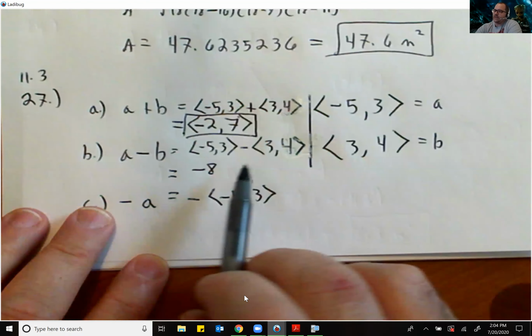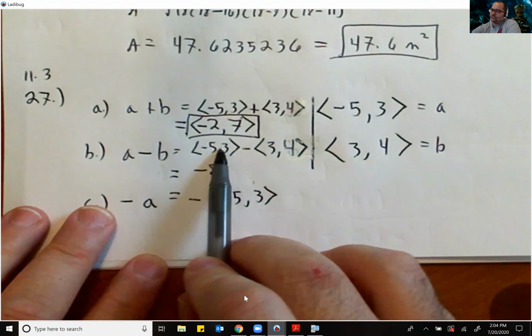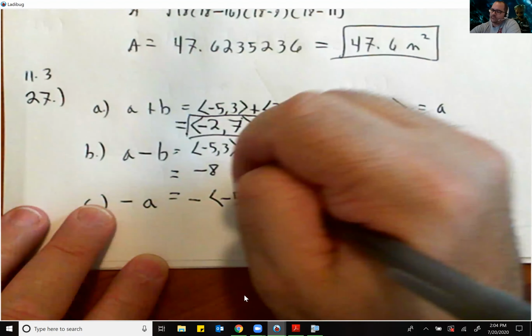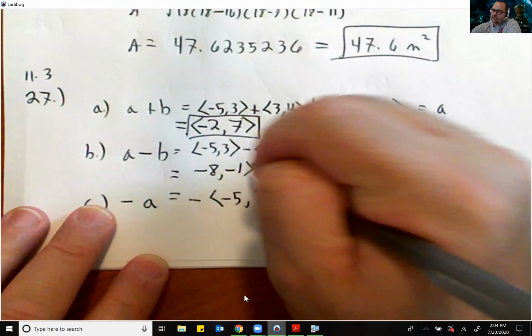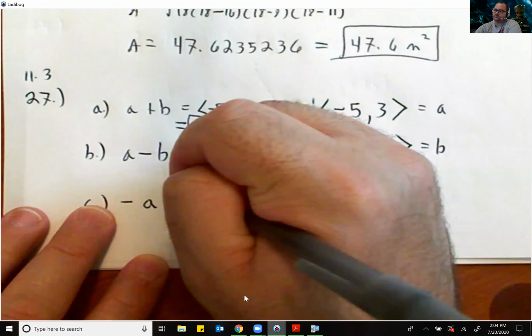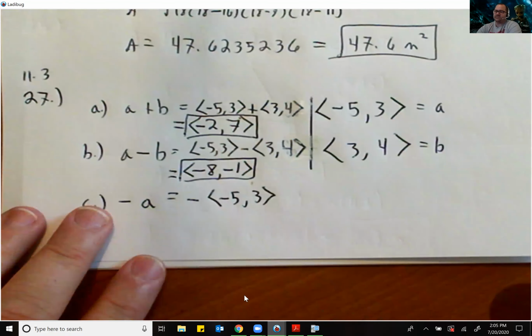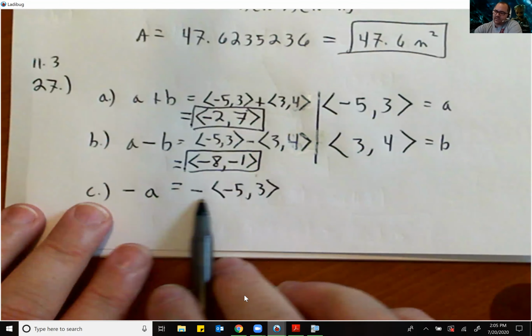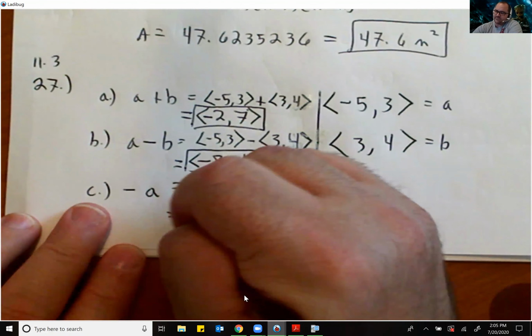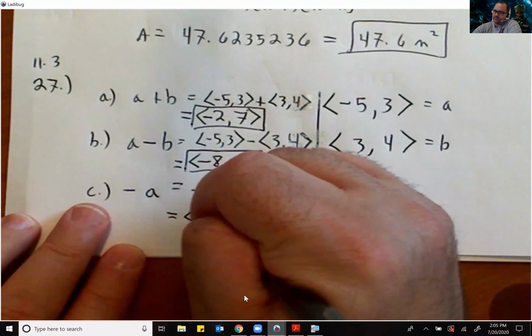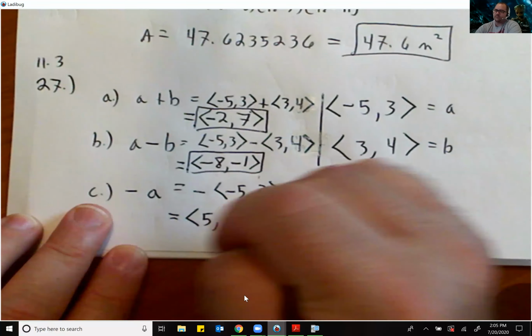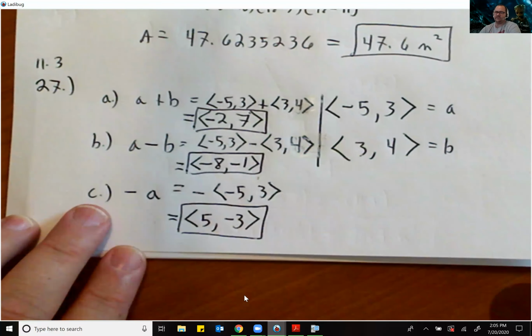And 3 minus 4, -1. And then we just take the opposite of all these. So that will give us a +5 and a -3. And there you have it.